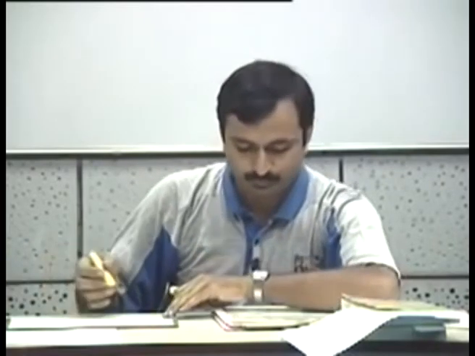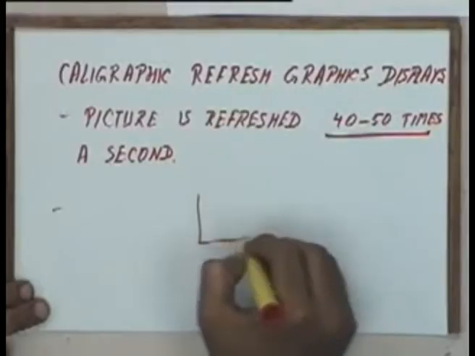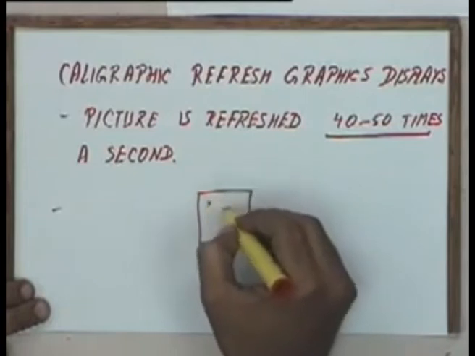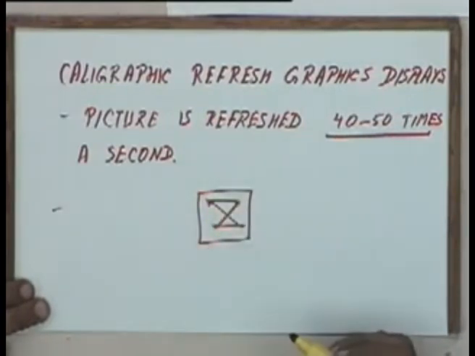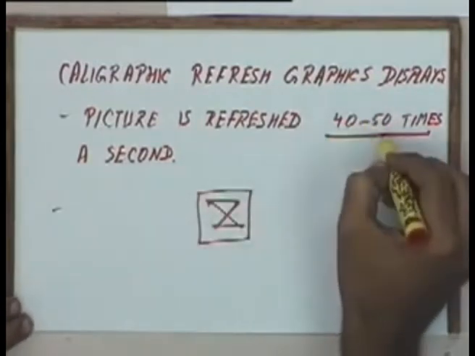The way it is done is that if this is the display, the screen, and you have some figures on it, this figure has to be redisplayed 40 to 50 times.